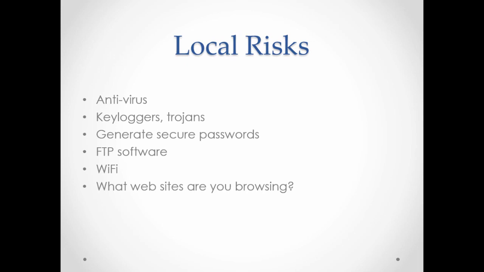And lastly, what websites are you browsing? Now, the problem is there's a lot of dodgy sites out there. And Google have gone quite some way to warning people about potentially dangerous sites. But there's always the attraction of sites like Pirate Bay. Now, I'm not saying don't use Pirate Bay and don't use any other torrent sites.